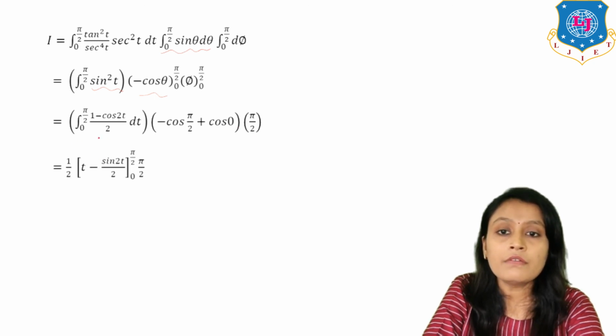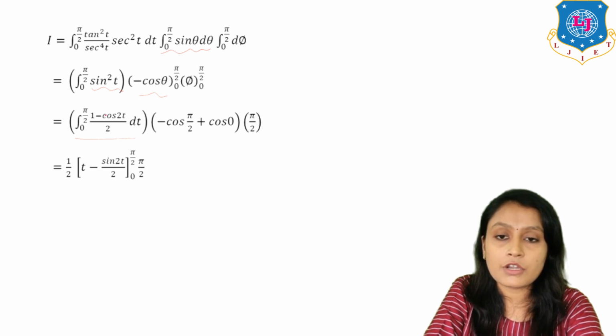Now we will evaluate this integral with respect to t. The integral of 1 will give you t, minus the integral of cos 2t, that is sin 2t upon 2. Take this 2 outside the integral, so 1 by 2 we have kept here. And we know the answer of cos 0 is 1 and cos pi by 2 is 0, so what remains here is only pi by 2.